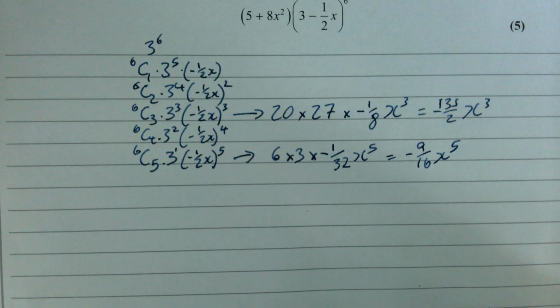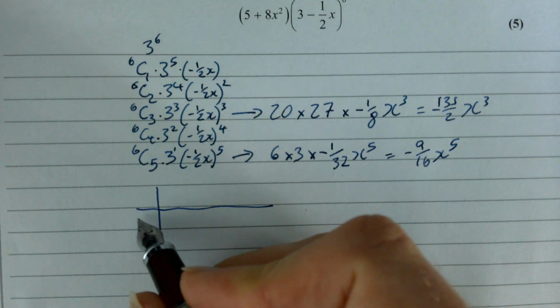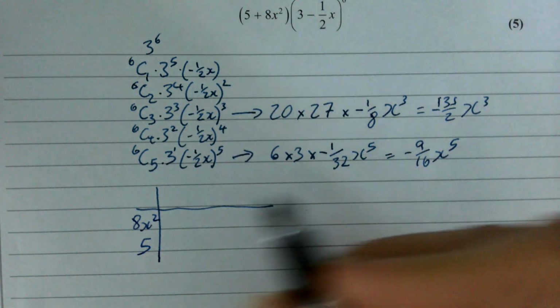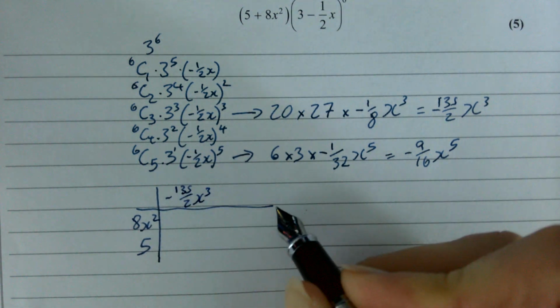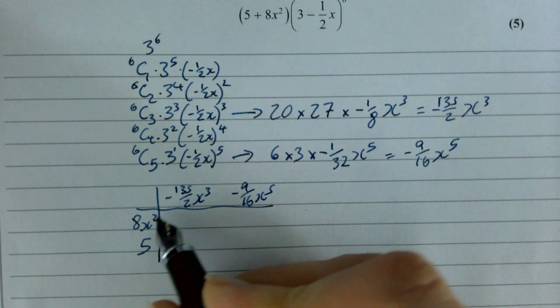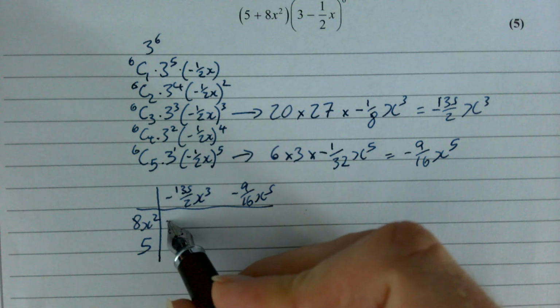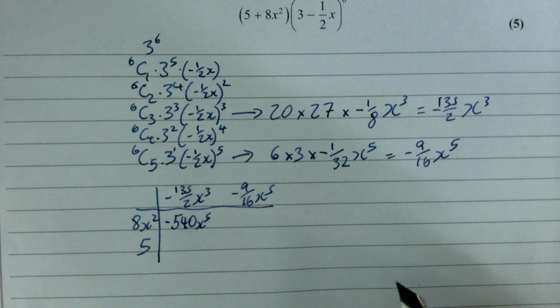And then, if you imagine the old grid that we would be doing there, we've got 8x squared and we've got 5. We've got our negative 135 over 2 x cubed, and we've got our negative 9 over 16 x to the power 5. We just want this one times that one. So 8 times that would give us negative 540 x to the power 5 there.